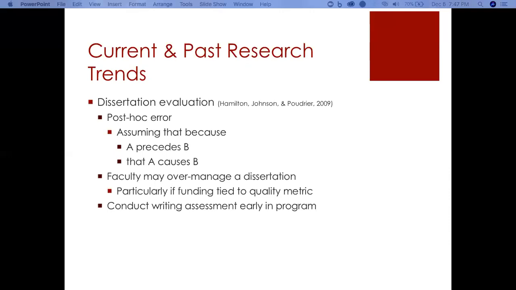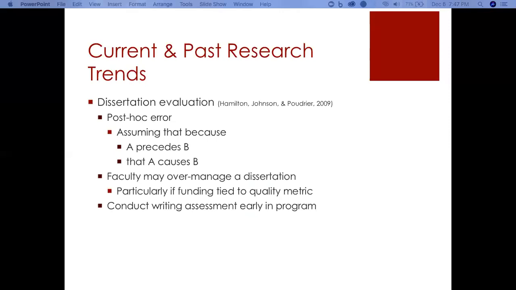But what one of the articles indicated was that it's actually pretty difficult to use a dissertation even if you have a really well-developed rubric and you have a lot of inter-rater reliability, it still can create a logic fallacy. So the post hoc error, where you assume that B is the result of A simply because A precedes B, applies here.